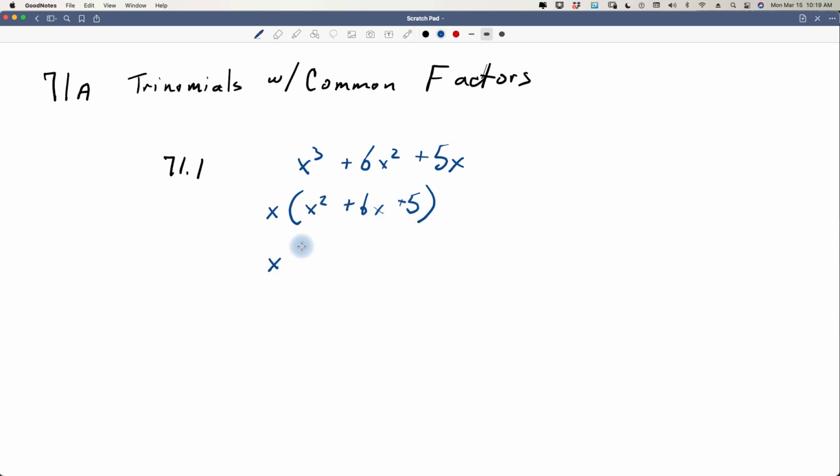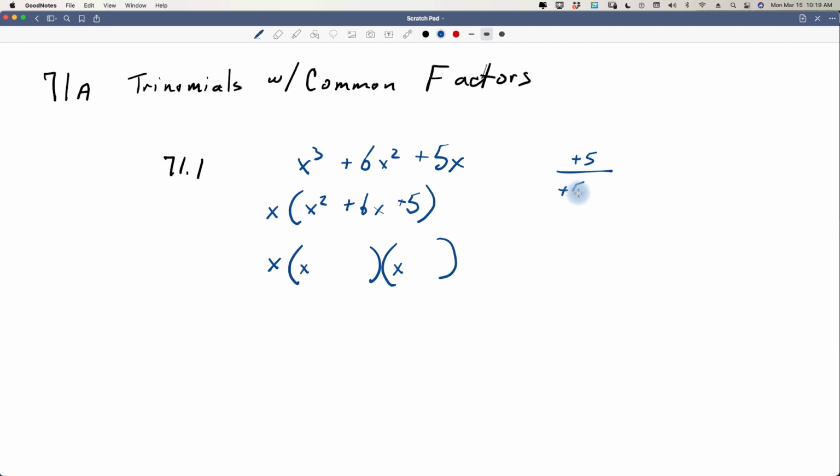So we would then set up our two sets of parentheses in step 1, and then we would factor our first term, and then we would look at the factors of our third term, positive 5, and what would give us a positive 6?